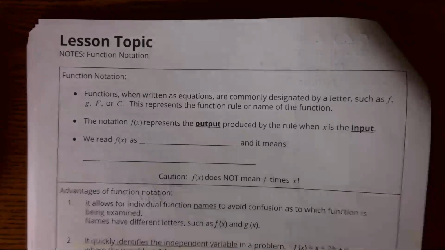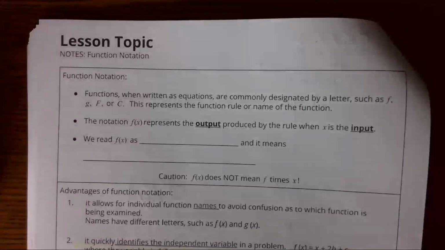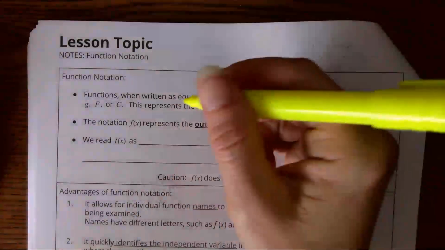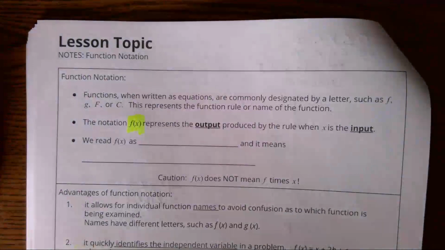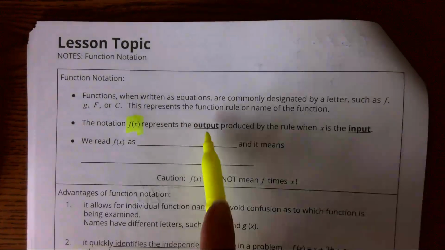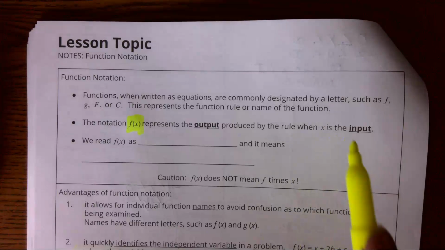So the notation f parentheses x is really what we're looking at today. What it means is not f times x, but it represents the output produced by the rule when x is the input.